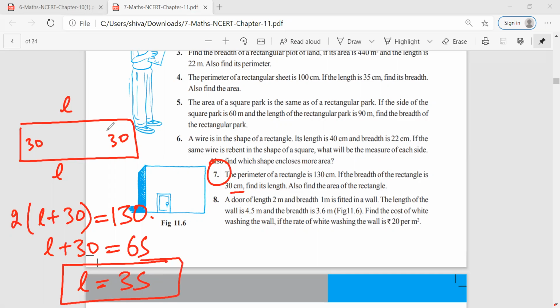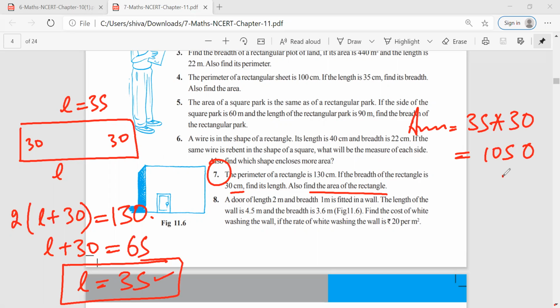Mr. Sarthak, any problem? No, sir. So the length is 35. You can find the area. The area would be 35 into 30. Mr. Satya, any doubt? No, sir.